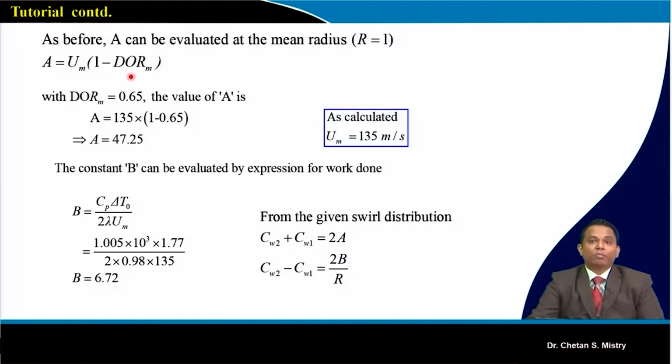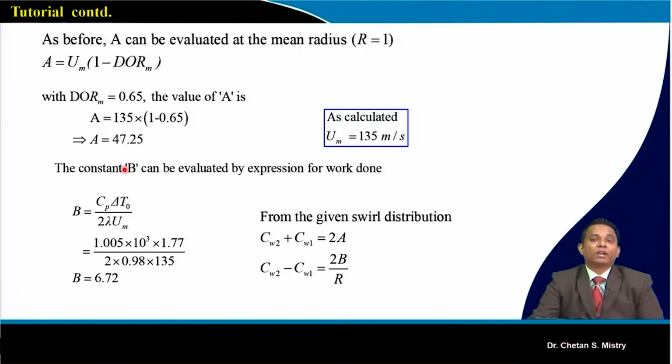Since we already know my degree of reaction at mid station is 0.65, putting it into this equation gives me my constant A, and that is 47.25.